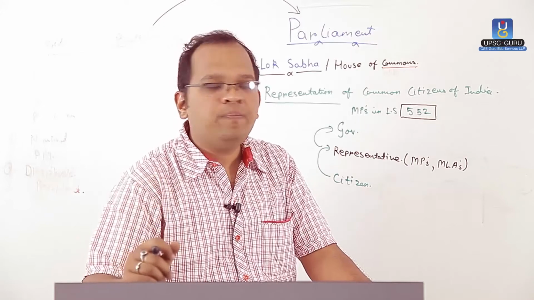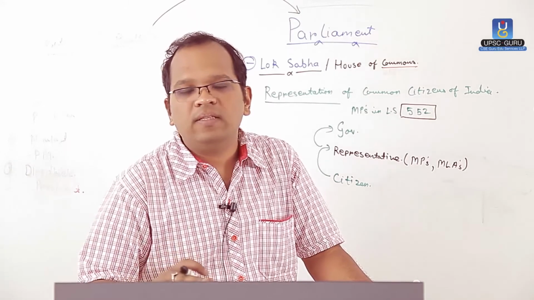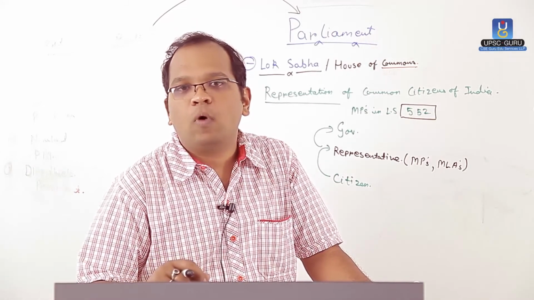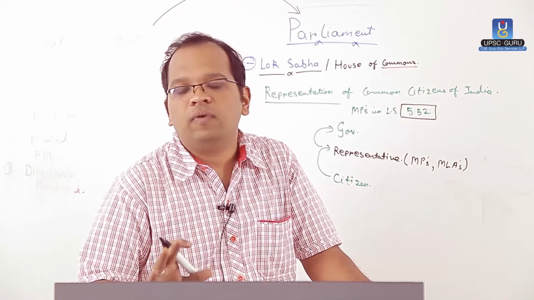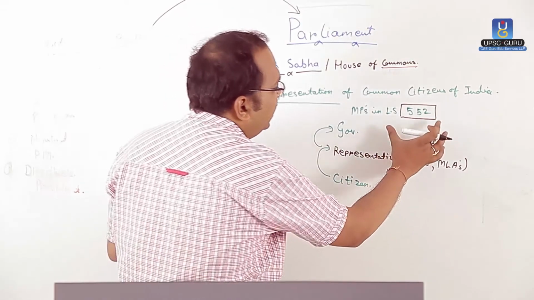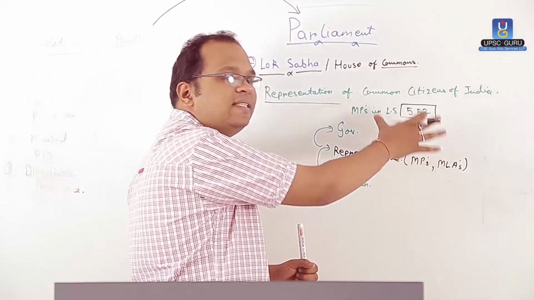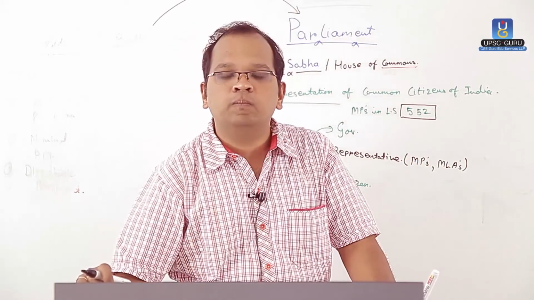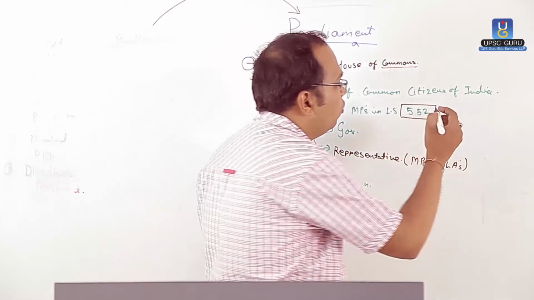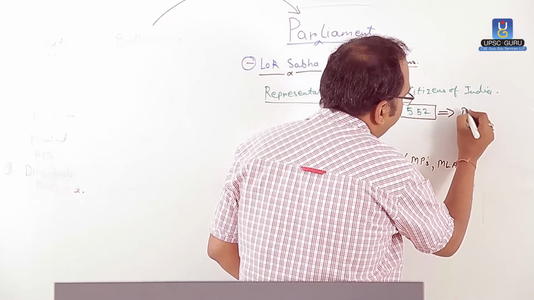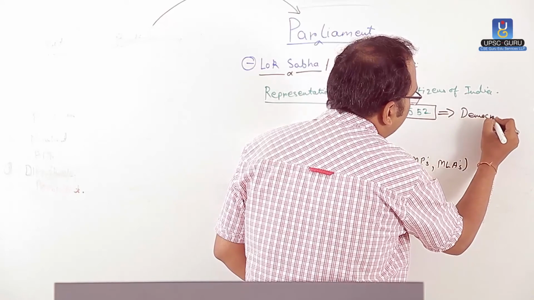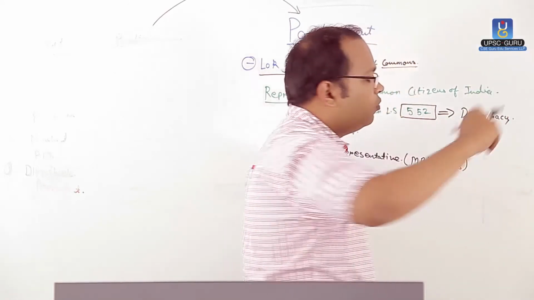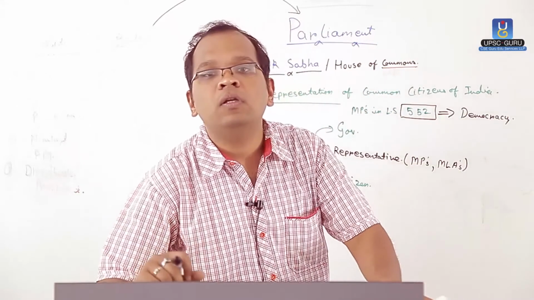I'll repeat again. 120 crore is, you can say, the proposed population of our country. So this many Indians will elect their representatives, and these representatives will fulfill their demands. So there comes the definition of democracy. Now what is democracy? For the people, by the people.